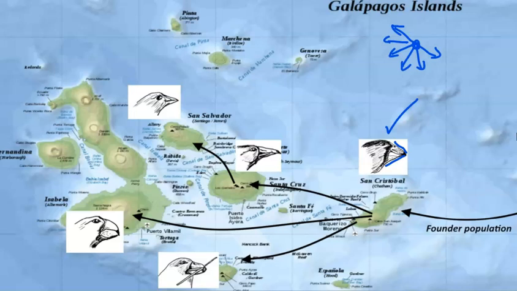And I'm going to propose that the founder population arrived on the closer islands. I don't know that for a fact. It just seems a reasonable hypothesis. And that then, having founded a population here, the opportunity arose for other members of this species to travel to close by islands, the islands of the Galapagos, of which we know today.